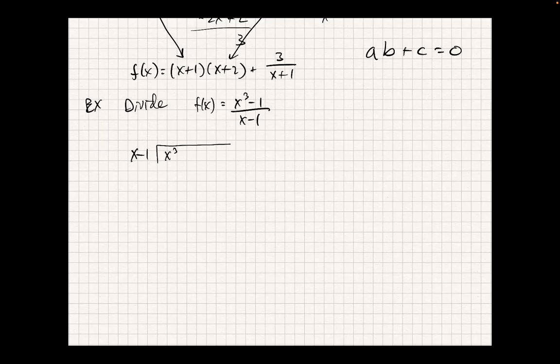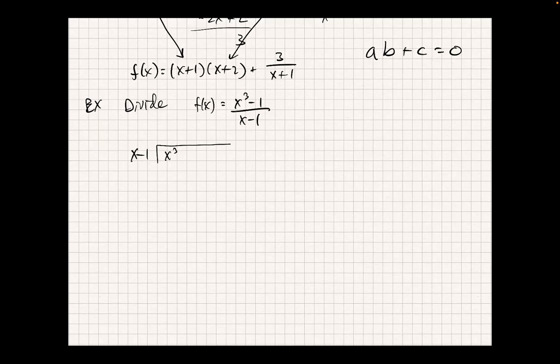So what am I doing when I'm setting up this long division? We need x squared too, 0x squared. Each column is like place value in a decimal number: thousands place, hundreds place, tens place, ones place.